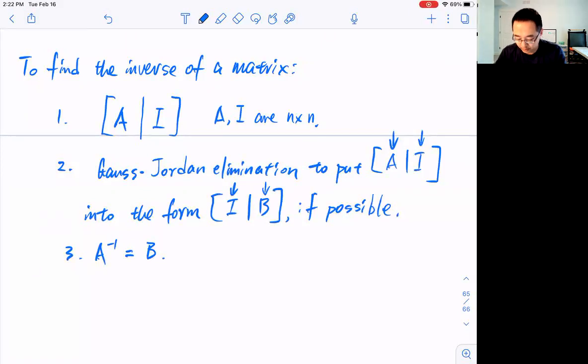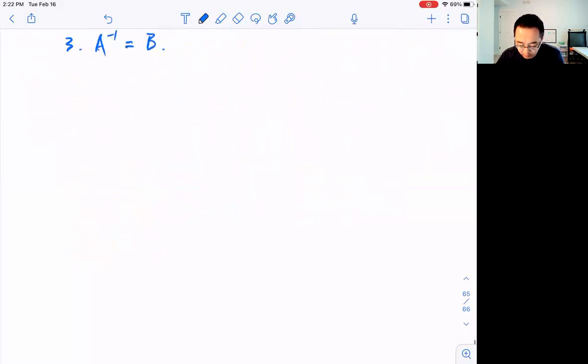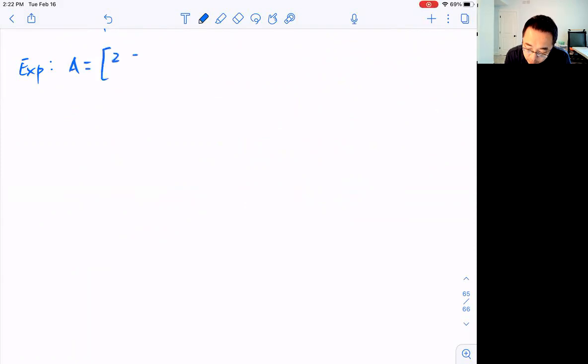So let me again show you an example of how this works. Let's start with a 2 by 2, really easy one. Let's say we have A equals 2, -3, -1, 2, and I want you to find its inverse. The way to do it is you create an augmented matrix.